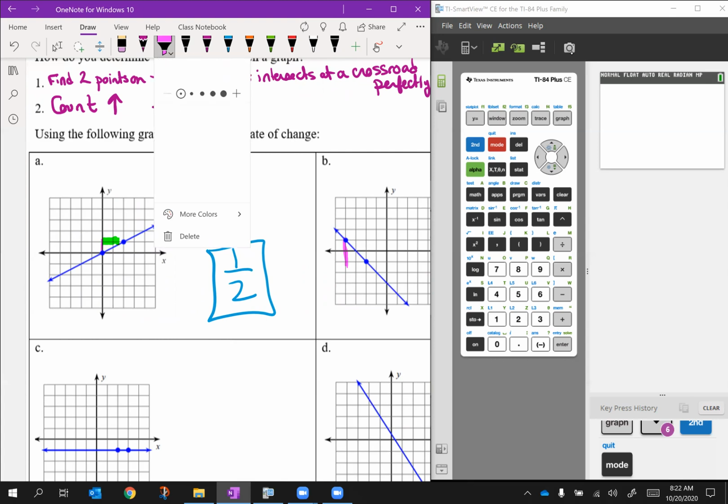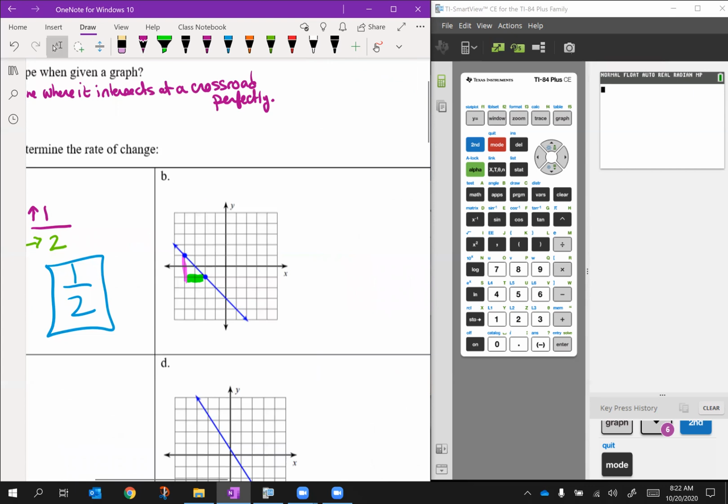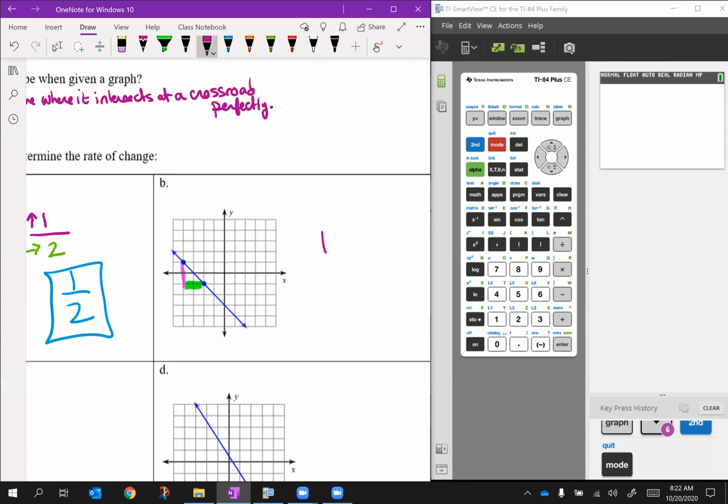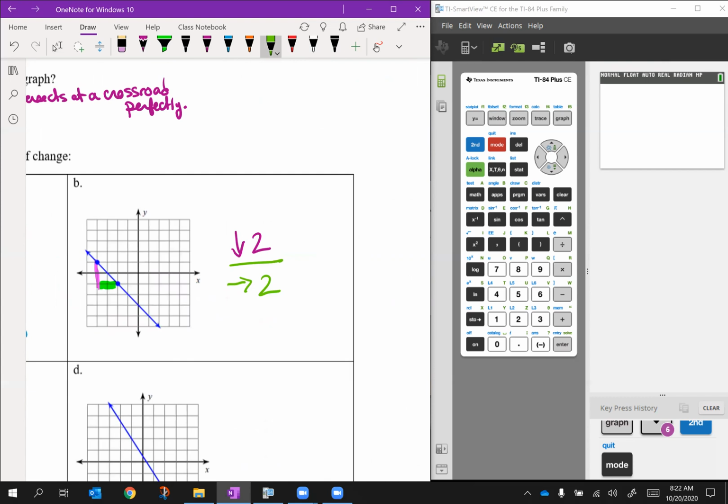So what's this graph doing? It's moving down 2 to the right 2. So down 2 means that it's a -2 over 2, or -1.